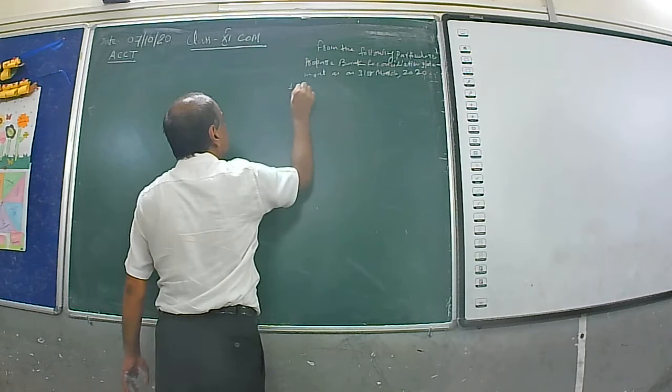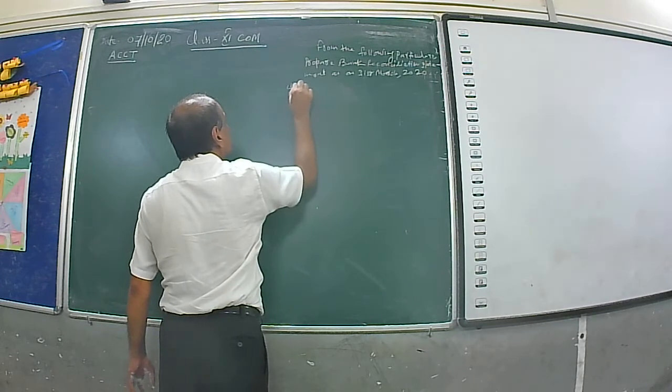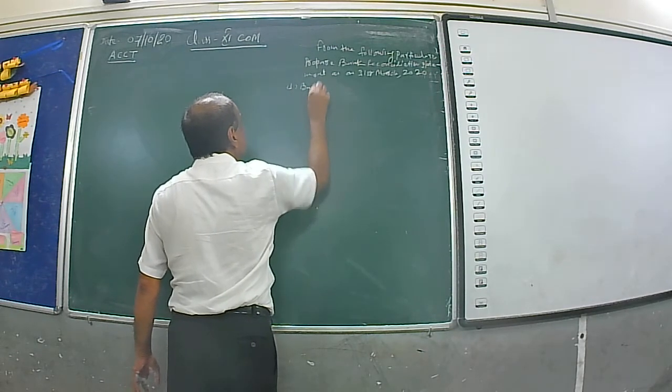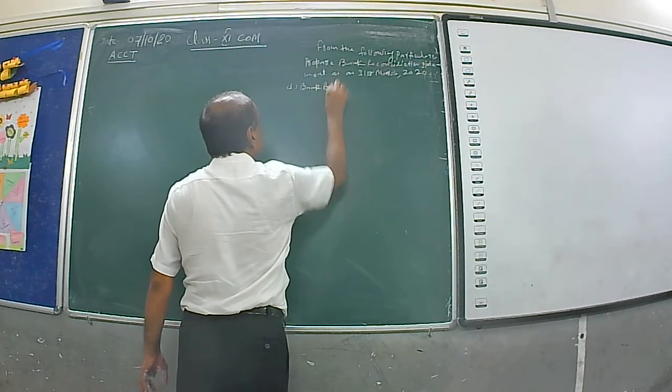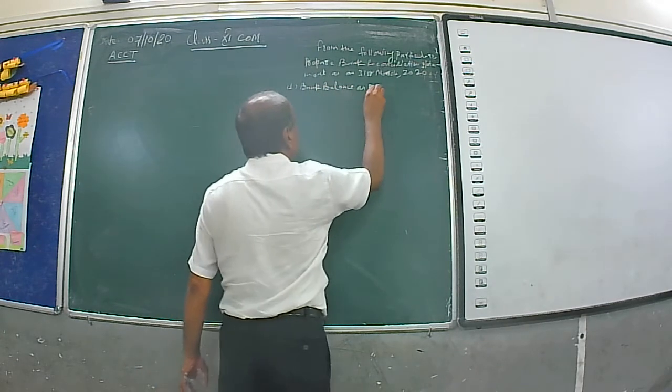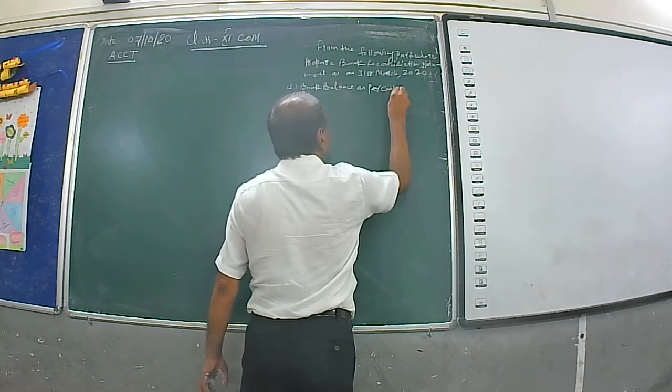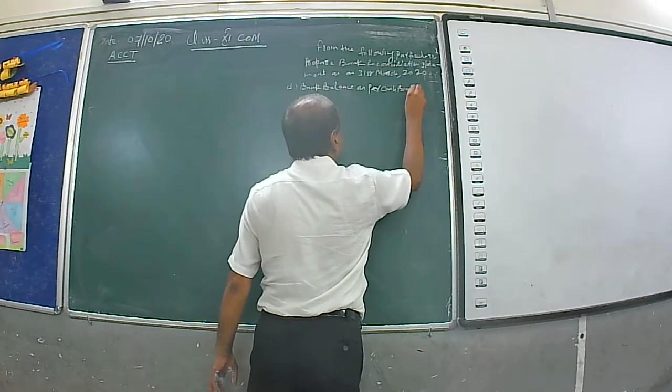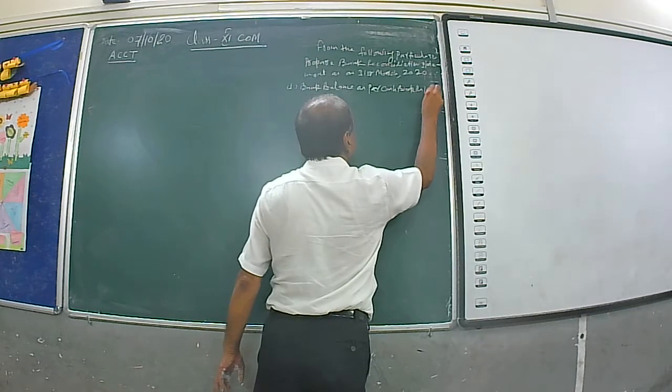Number 1, bank balance as per cash book, rupees 10,000.